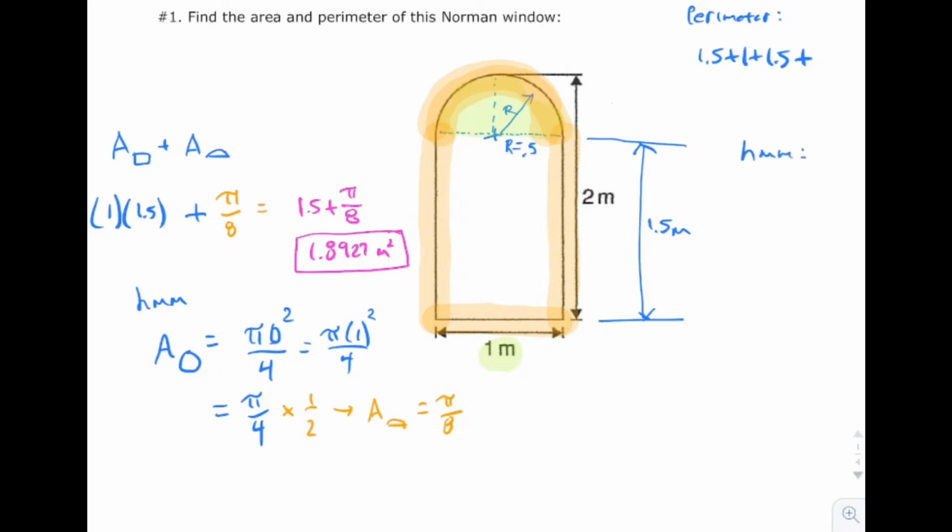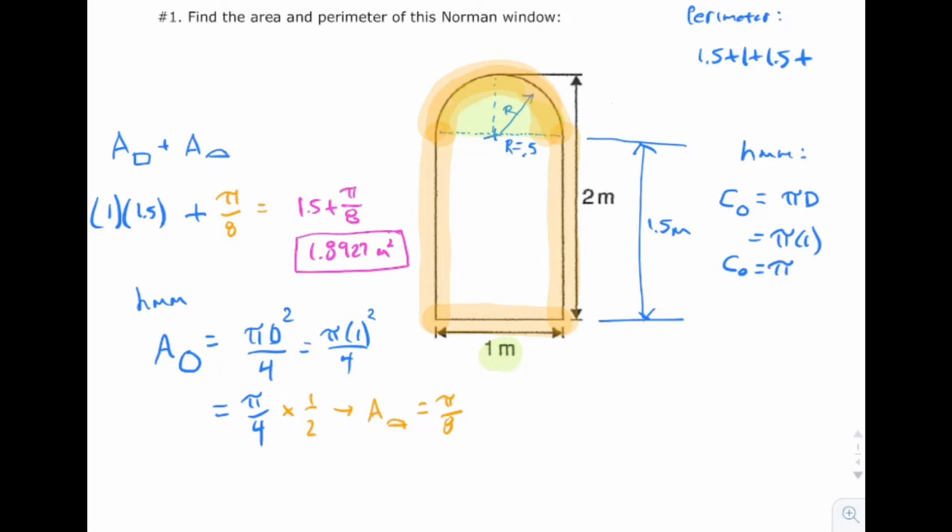Remember for circles, the circumference of a whole circle was pi times the diameter. So here, it would be pi times the diameter is just 1. So the circumference of the whole circle is just pi.